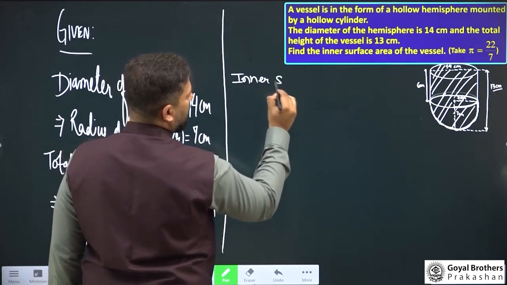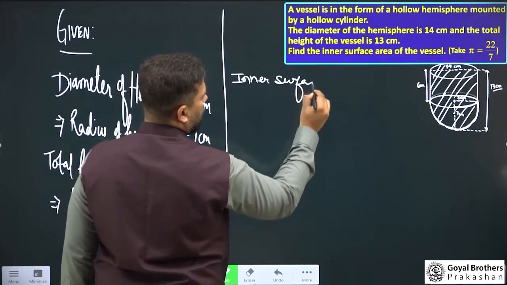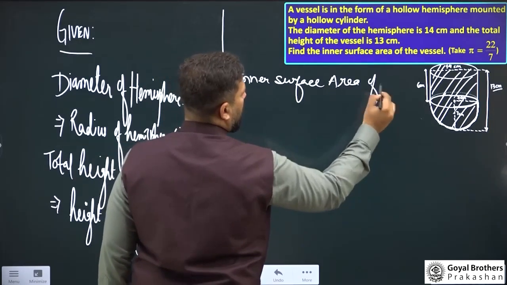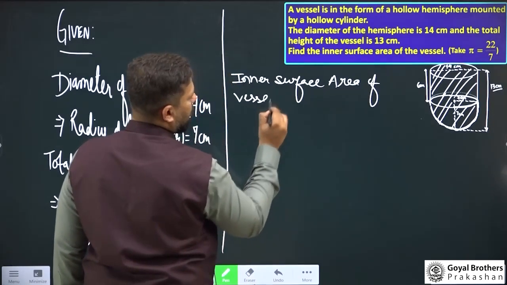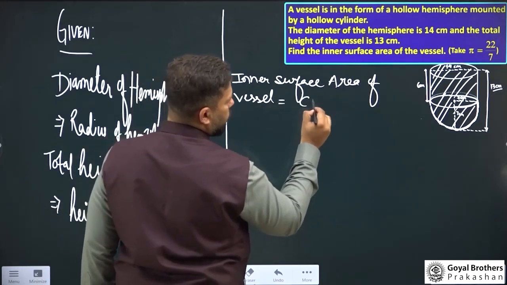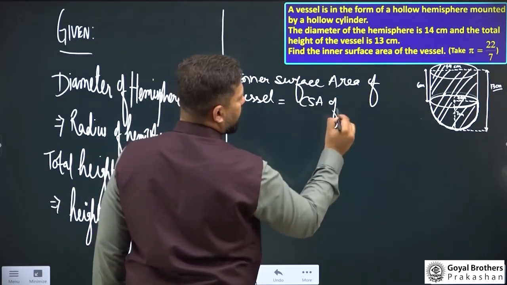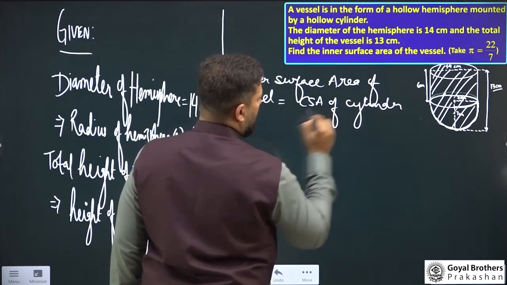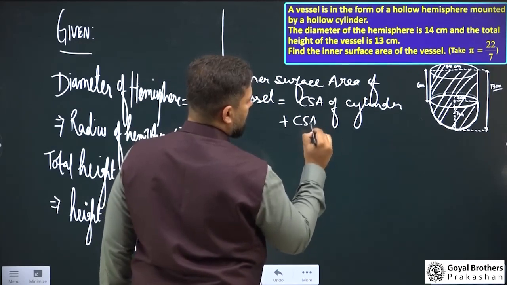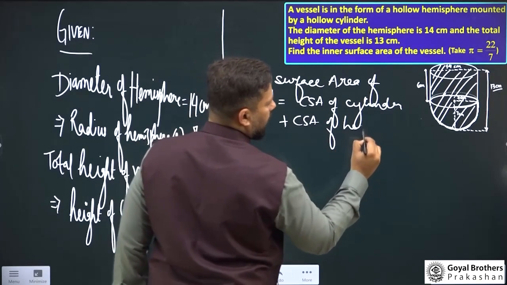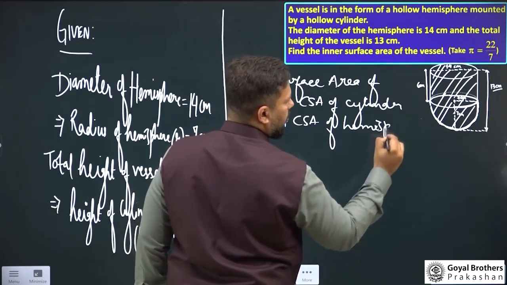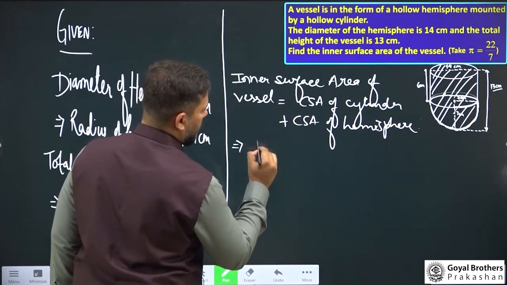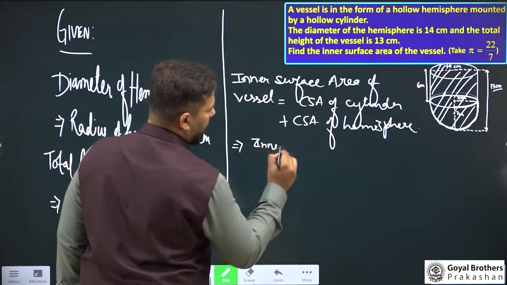Inner surface area of vessel will be equal to CSA of cylinder plus CSA of hemisphere. So if we solve it, we are going to get the inner surface area.